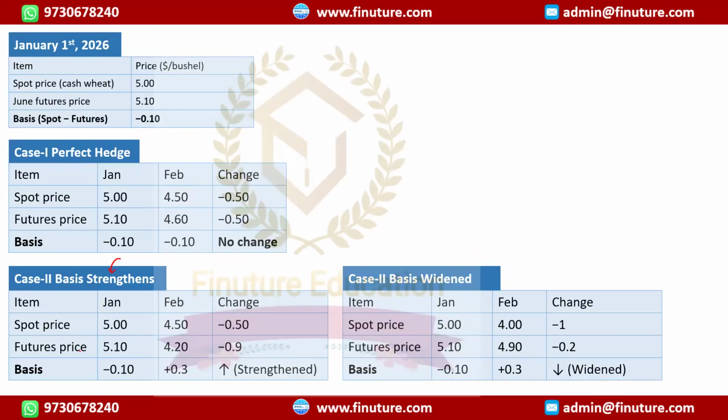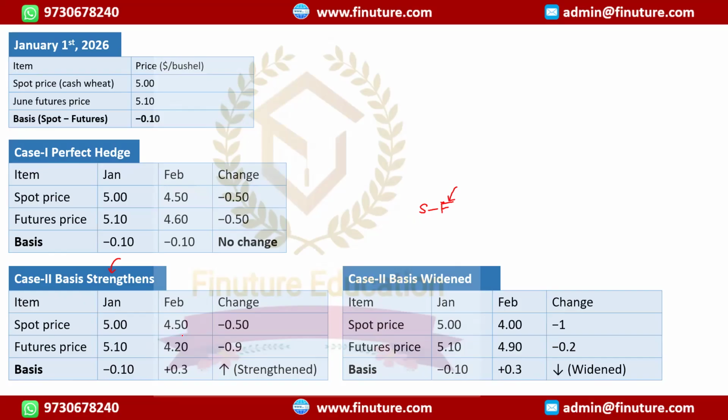So when he has to close the position, say for example in February, he will purchase at a lower price compared to this. Now he has to pay this price. So the short hedger would expect that, because basis is spot minus future, the future should drop more so that he doesn't have to pay much, because he has to purchase at that price.